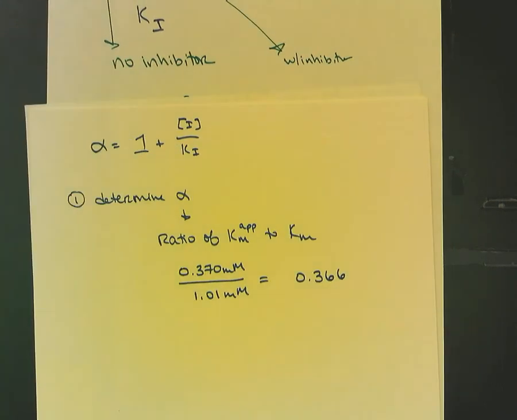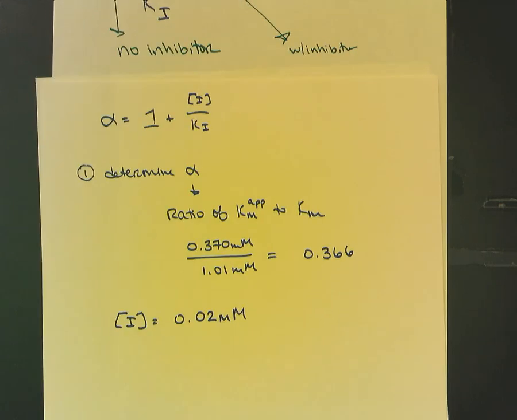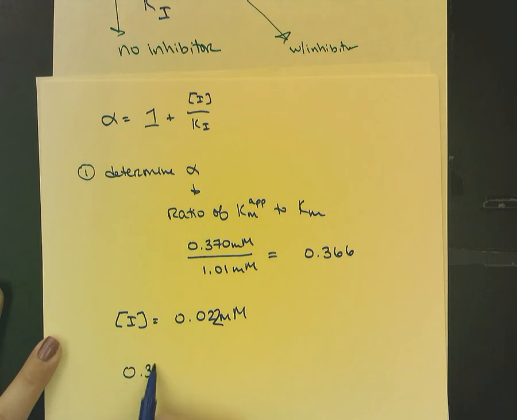So then, what's the other piece of information I need to give you in order to be able to solve it? Concentration. So the book concentration is 0.022 millimolar. So then we plug that in.